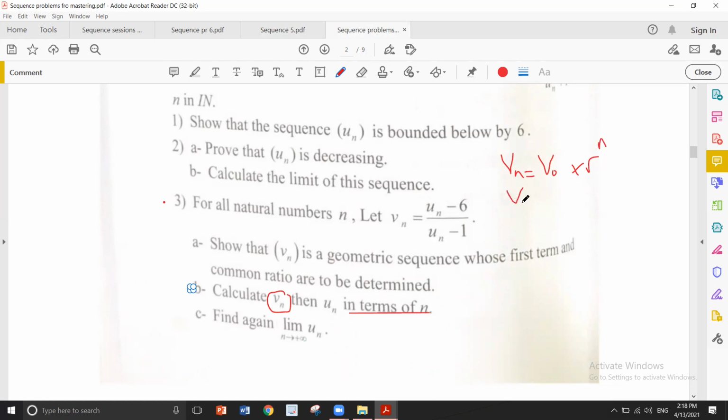So Vn equals V0, which is 3 over 8, times 2 over 7 to the power n.